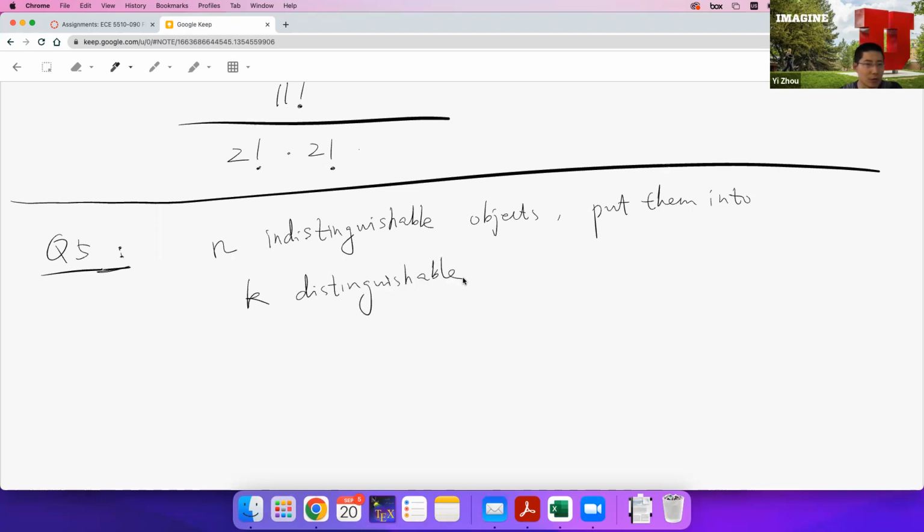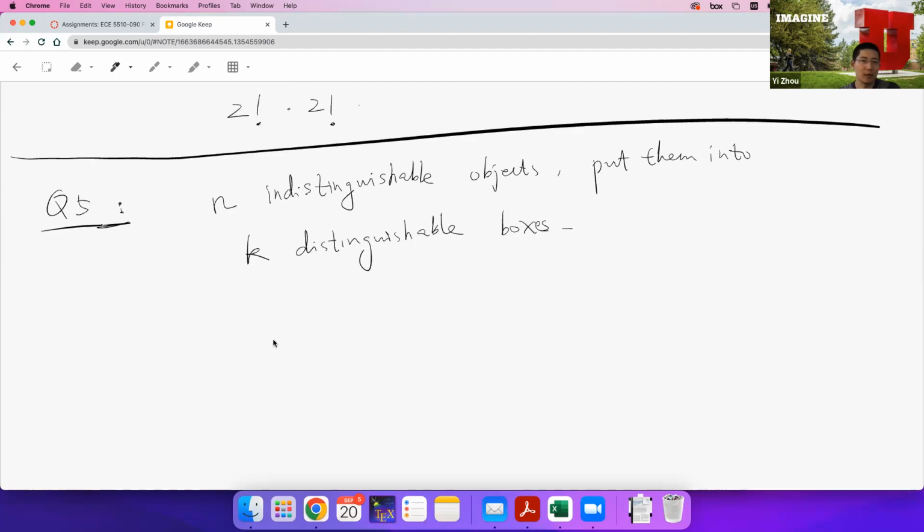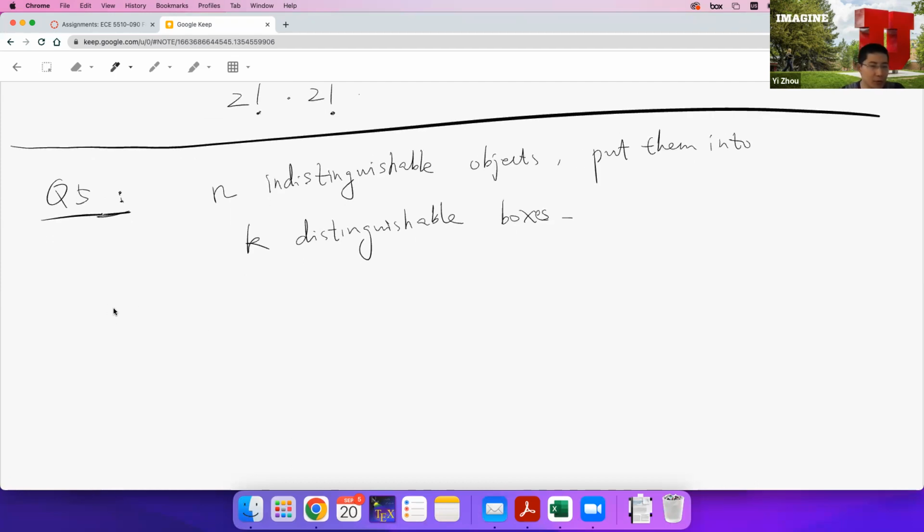distinguishable boxes, let's say, boxes. For example, you may have five balls. They are exactly the same. They are indistinguishable. You want to put them into 3 boxes.